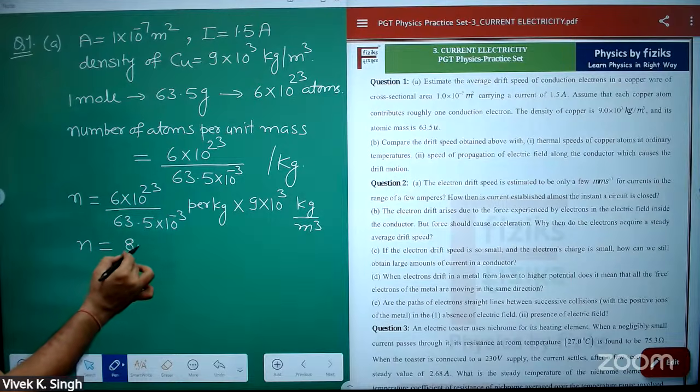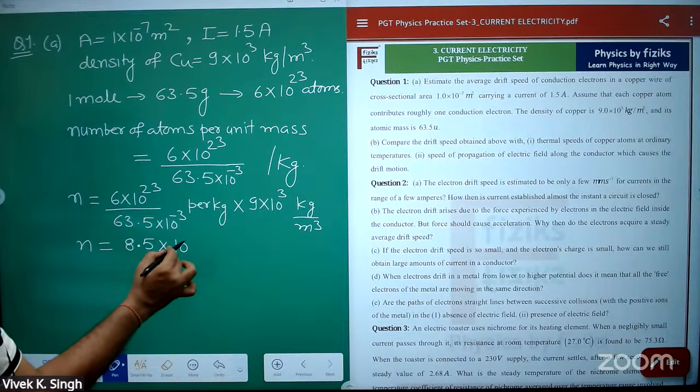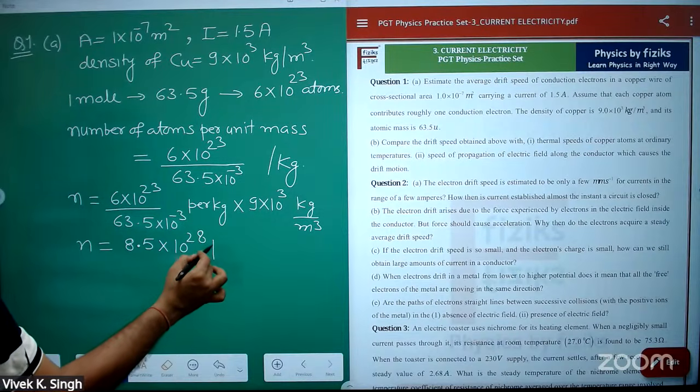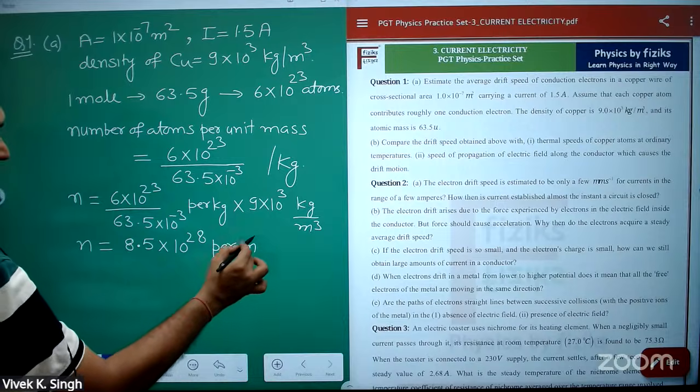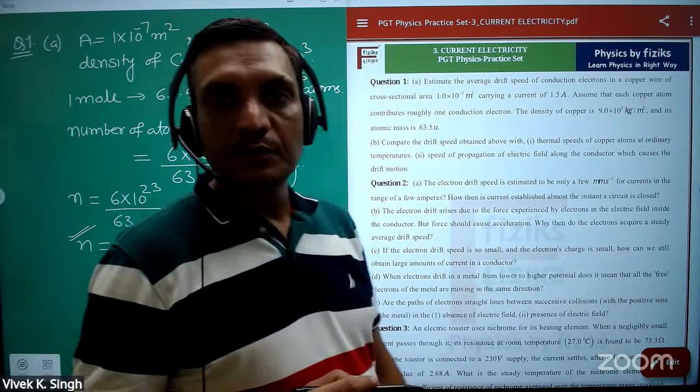If you calculate this value, n will be 8.5 into 10 to power 28 per meter cube. This is the number density, the number of electrons per unit volume.